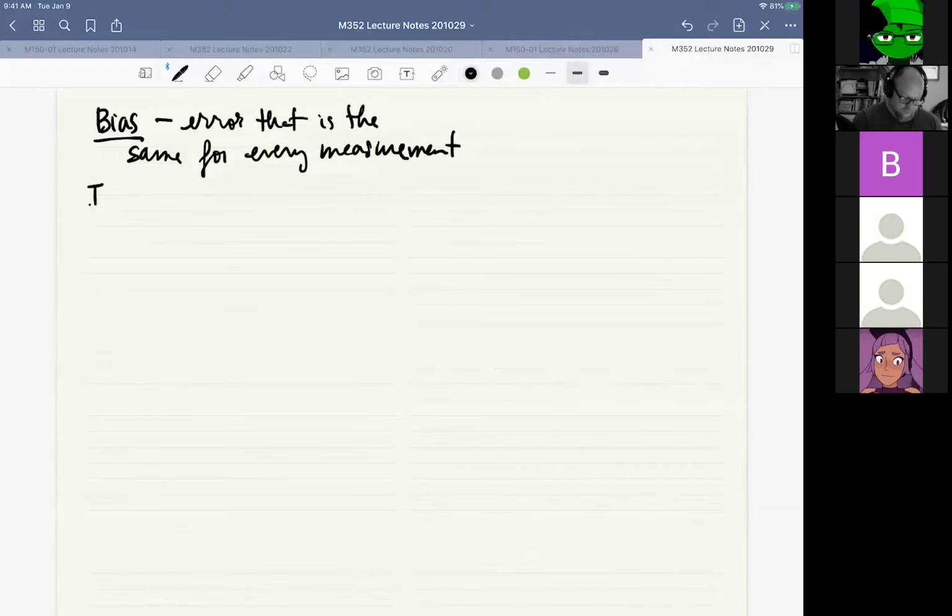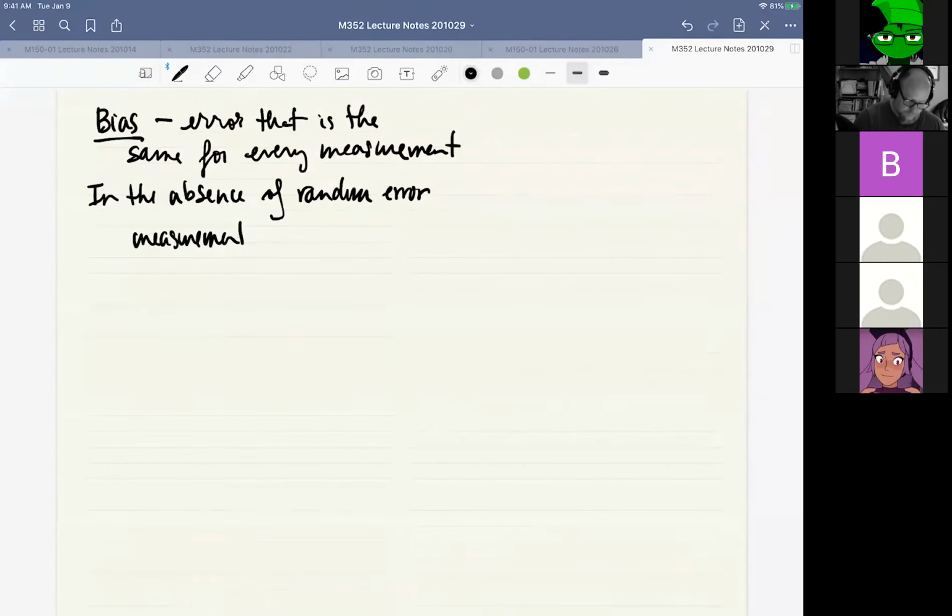So in the absence of a random error, your measurement minus the true value equals your bias.